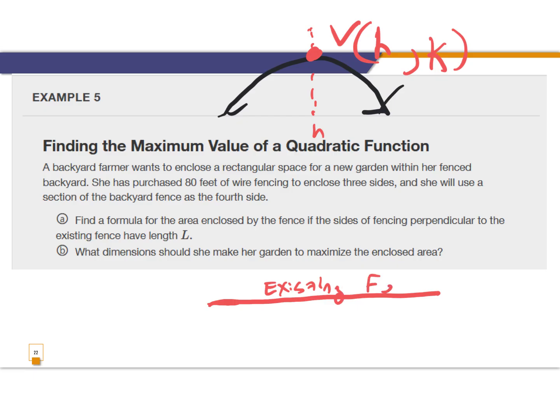And Farmer Jane has bought 80 feet. And it says that the pieces that are perpendicular to the existing fence, so perpendicular means a right angle, I have 2 of those.